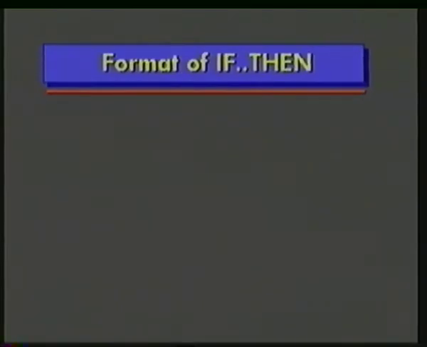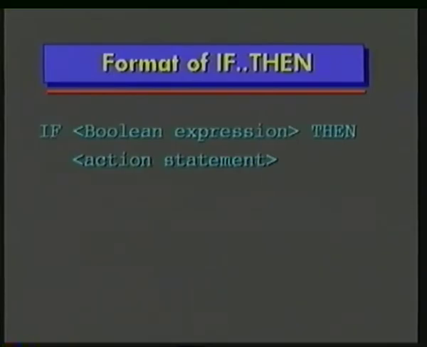As we can see in this graphic, the decision-making if-then statement has a standard form no matter where it appears or how it's used. Given our previous discussions on Boolean data types and expressions, you probably know that a Boolean expression is one that always evaluates to either true or false.